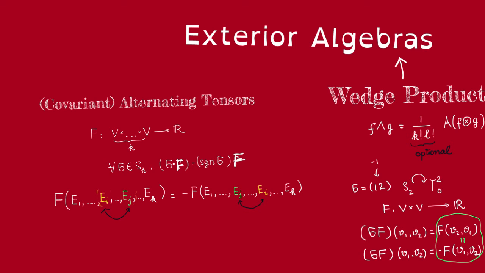Why is that? Well, because interchanging two arguments is just another way of saying you're letting F be acted on by a transposition. And S_k is generated by transpositions. So if this condition holds for transpositions, it's going to hold for all permutations. Thus we can think of the alternating tensors again as tensors such that when you interchange two arguments, you switch the sign of the tensor.